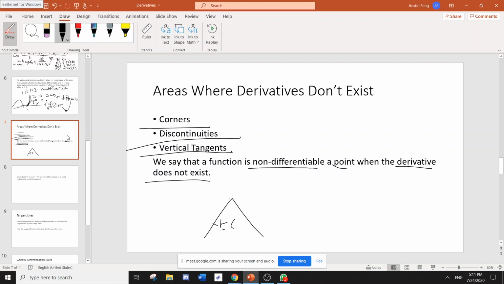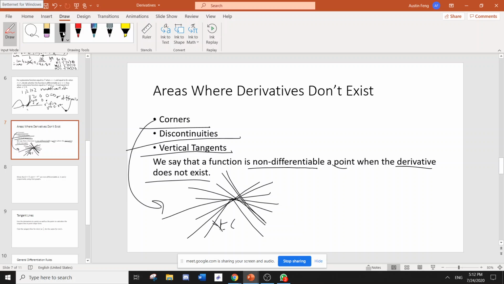There are an infinite amount of tangent lines at this point, and you can't have multiple derivatives at a single point, because that's how derivatives work. So that's how I visualize why corners don't work.